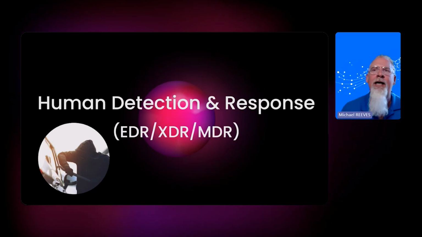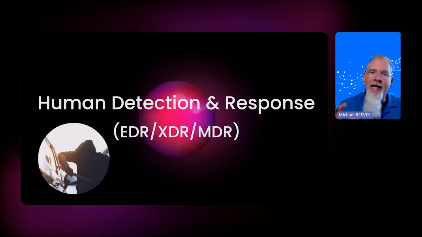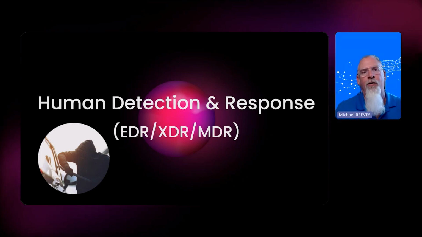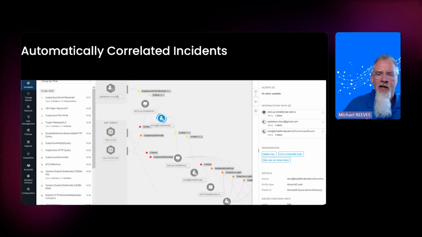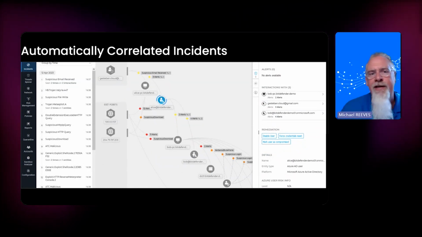Or maybe it could be killing an email out of Office 365. They need the ability to respond very quickly to this particular threat, wherever the threat may live. So let me show you what Bitdefender does for human visibility.